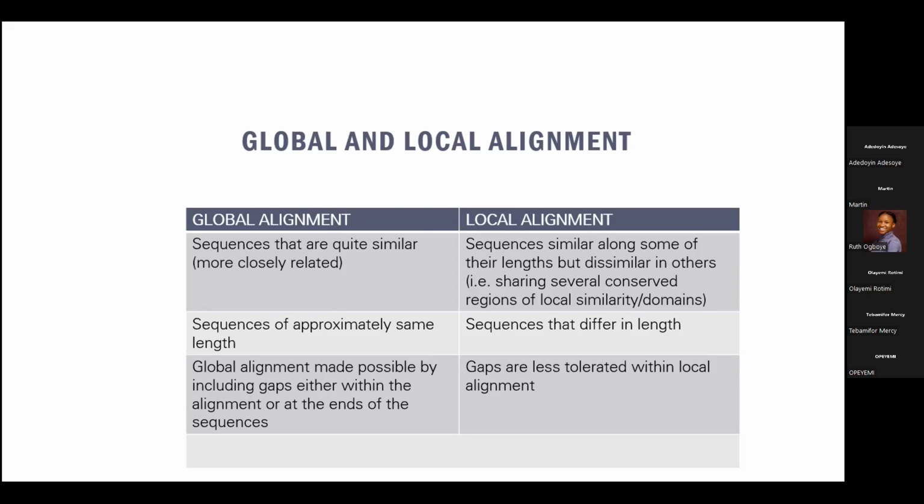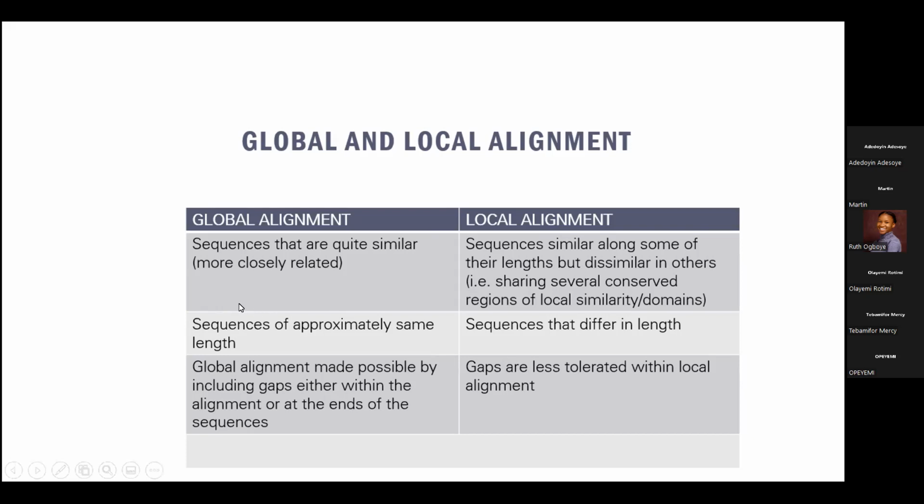You're doing the best matched region. So sequences can be similar along some of the lengths but dissimilar in others. You don't actually care because you're focusing on just one region. So for sequences that are more closely related, global alignment is used. For sequences that are quite dissimilar, you can use local alignment, so long as they are matched along some of their regions.